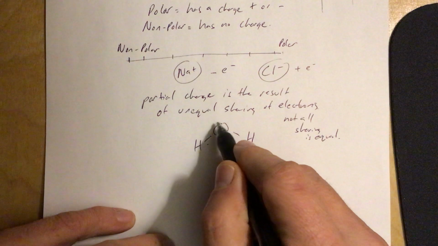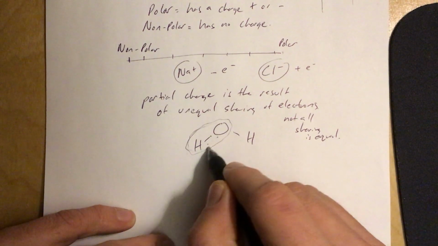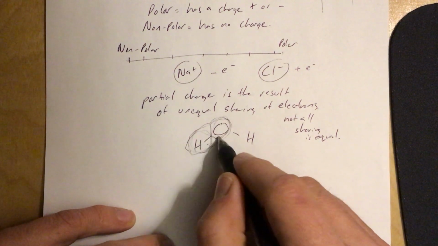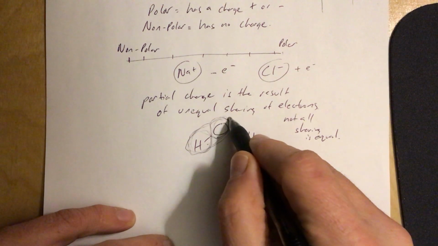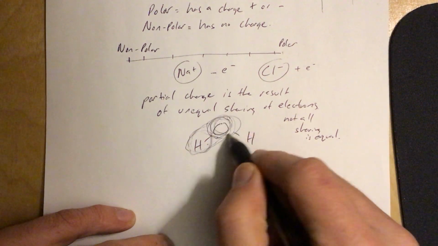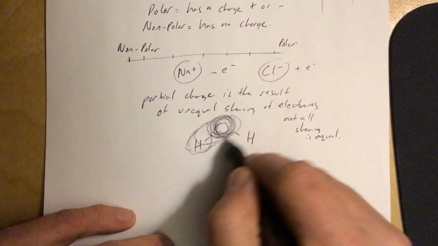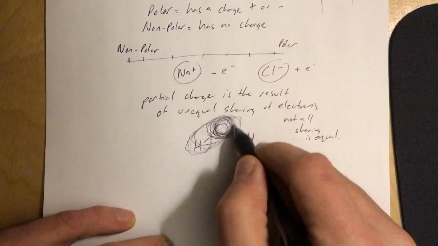In a perfect world, this is what it would look like. The electrons would kind of float between orbitals like this, sharing equal time. But in reality, this is what happens. Because oxygen has such a strong pull on those electrons, they're going to pretty much spend most of their time orbiting that oxygen atom, and then occasionally zip out there to orbit that hydrogen there.